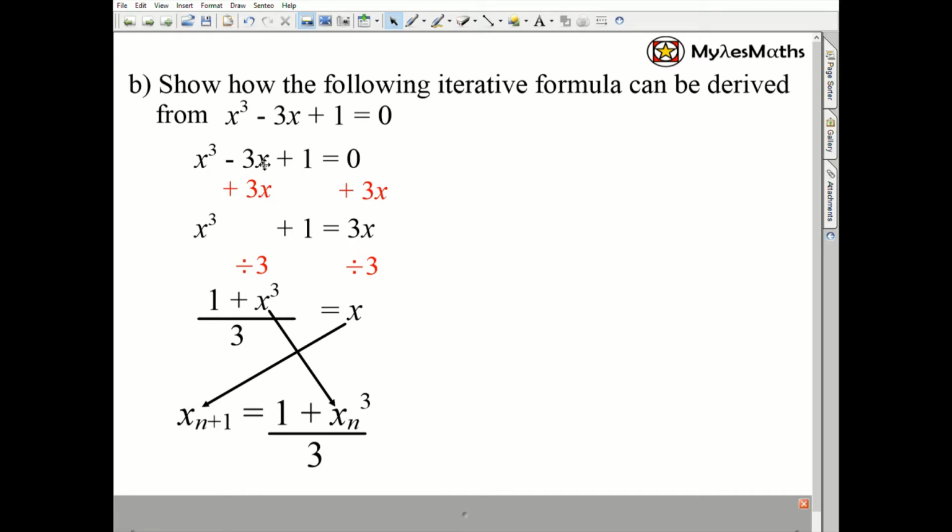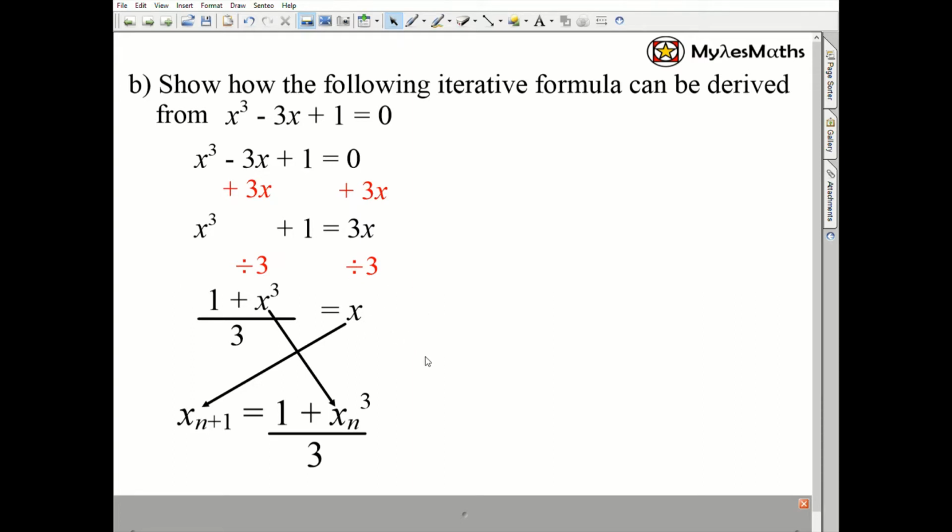So I'll make it 3x equals. I add 3x to both sides to get a 3x here. The 3x just disappears out of here, these two cancelling out. I'm then going to divide by 3 so that I'm dividing this 3x by 3 to get x. And this gives me 1 plus x cubed over 3 equals x.